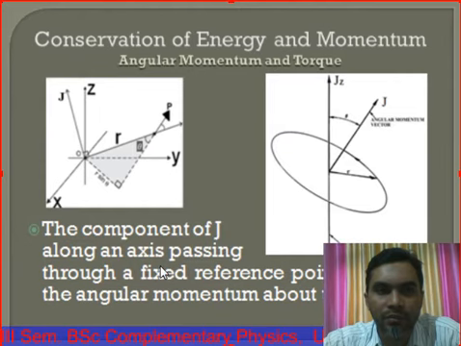Here the important point is that angular momentum is a vector quantity, similar to any other vector quantity. It can also be resolved into different components. The component of angular momentum along a reference axis, that is along an axis passing through the fixed reference point, is called the angular momentum about that axis.